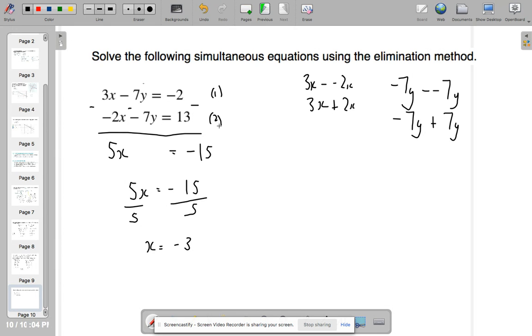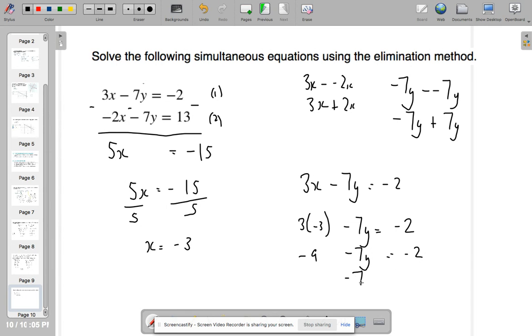So now I use either equation 1 or equation 2, and I substitute x equals -3 into it to find y. I'm going to choose equation 1. Always choose the equation with as few negatives as I can. So 3 times -3 minus 7y equals -2. 3 times -3 is -9, minus 7y equals -2.